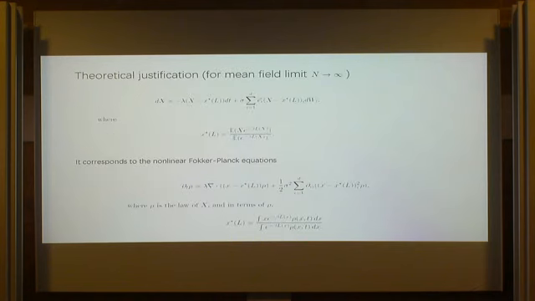To prove this, we have some theory, and at the beginning we could not prove it for the particle system. We take a mean field limit, we get PDEs, and for the Fokker-Planck equation we can prove theorems. So that's what we do. This is the continuous version, and as the number of particles goes to infinity, the particle system becomes, again, drift diffusion.